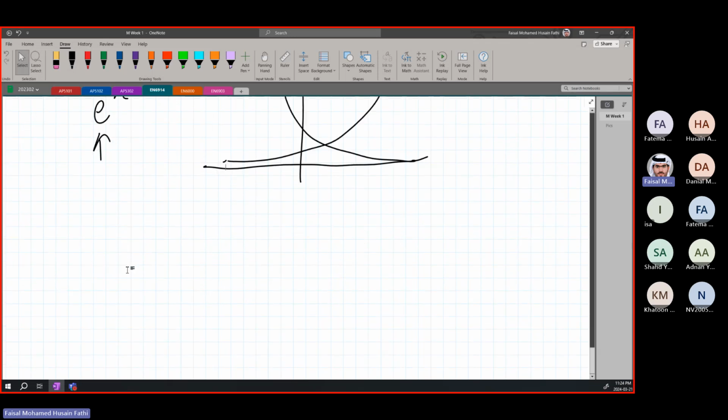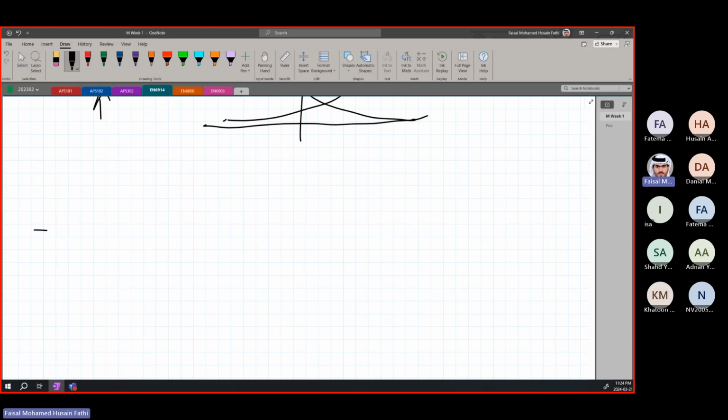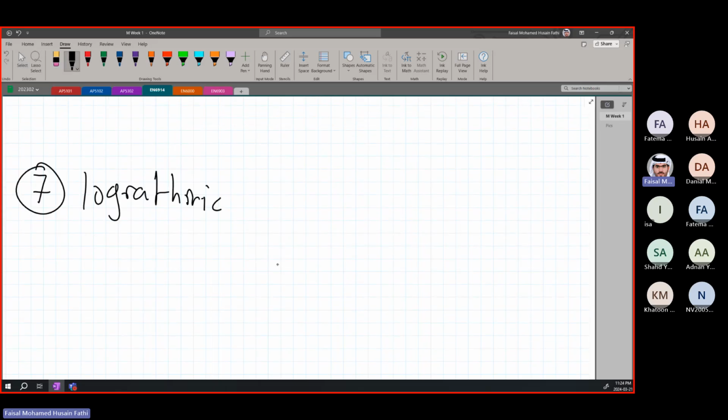This is the exponential. And then we have the guy that is related to exponential, which is the logarithmic function. Okay. This is the last main function you need to know, where basically, if you remember, we used log or ln functions. So anything that contains these is basically a logarithmic function, like log of x or log of 2x or something. This is a logarithmic function.